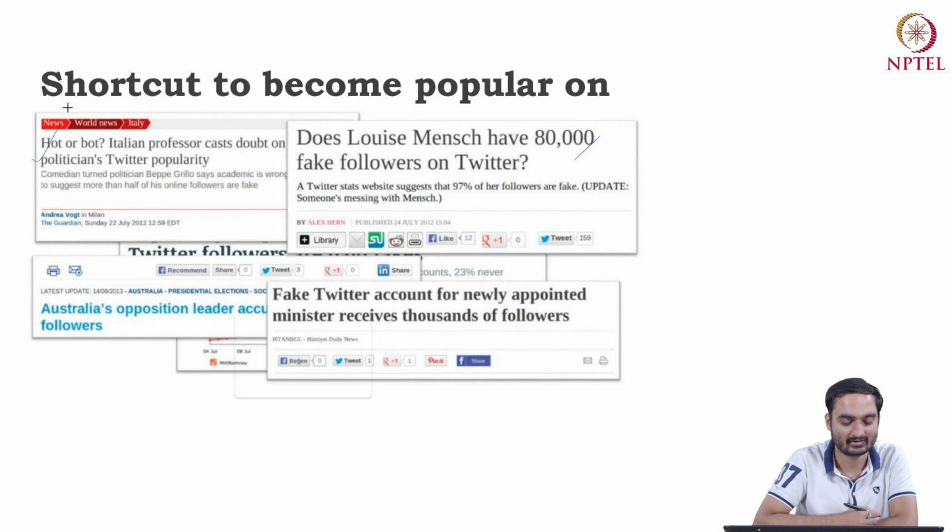He claimed that the majority of the followers of leading politicians are essentially fraud, fake followers. Fake Twitter accounts for newly appointed ministers received thousands of followers. These kinds of news articles are quite prevalent across social networks, and you may have heard about such news events in the past.